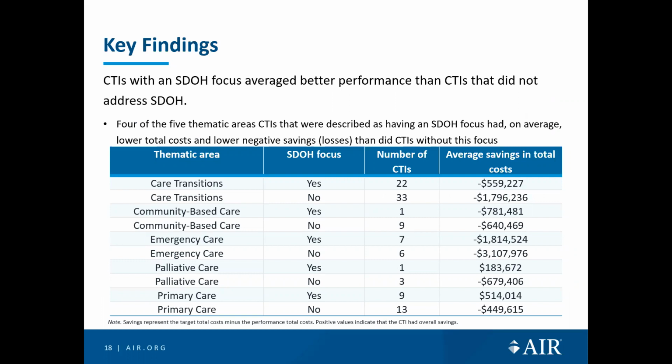We see that 4 of the 5 thematic area CTIs that were described as having an SDOH focus had on average lower total costs and fewer losses than CTIs without this focus. So this table shows the number of CTIs by thematic area with a social determinants of health focus, and the average savings and total costs.